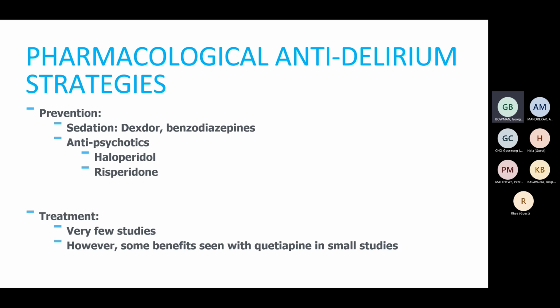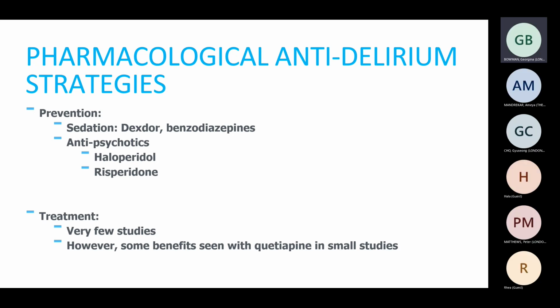These patients had shorter duration of delirium, and they were more likely to be discharged home at the end of their admission. But I think there's probably not enough data on that yet. But that's something I think we will see quite frequently, patients being started on quetiapine.